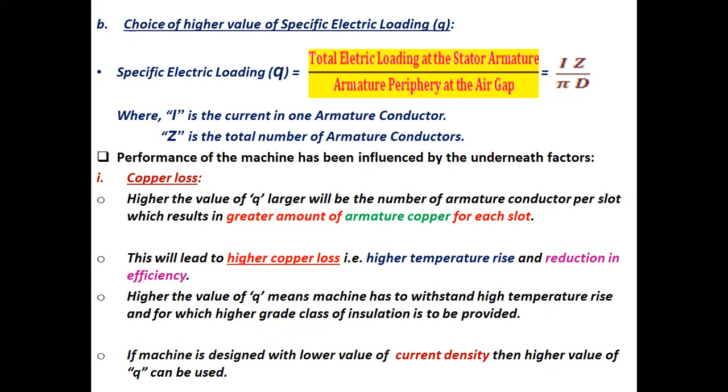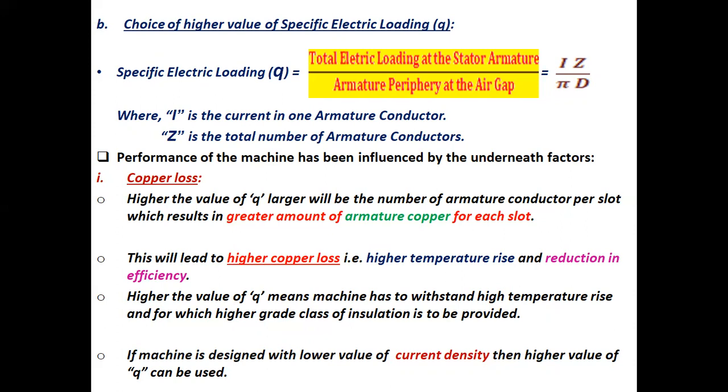Performance of the machine is influenced by the underneath factors. 1. Copper loss. Higher the value of Q, larger will be the number of armature conductors per slot, which results in a greater amount of armature copper for each slot.